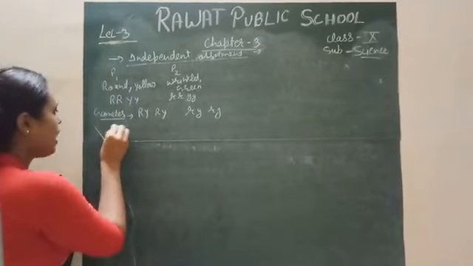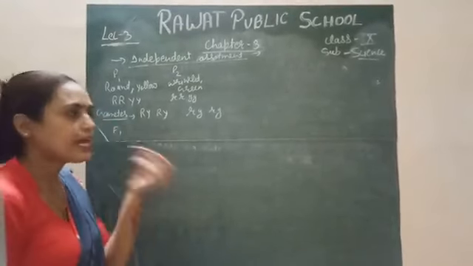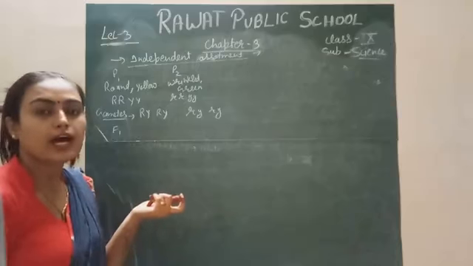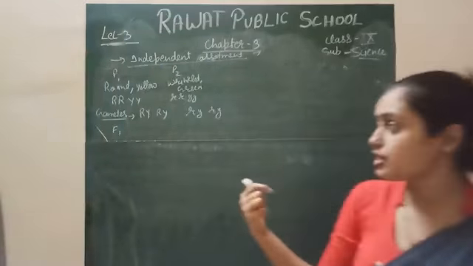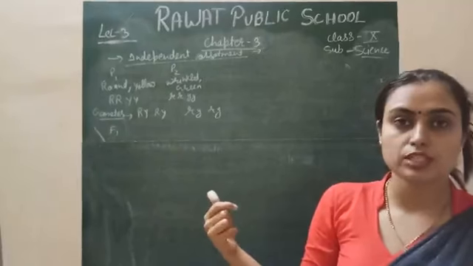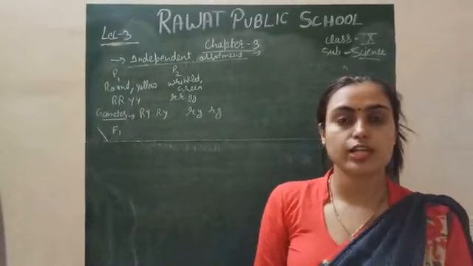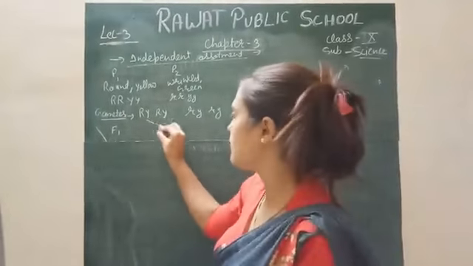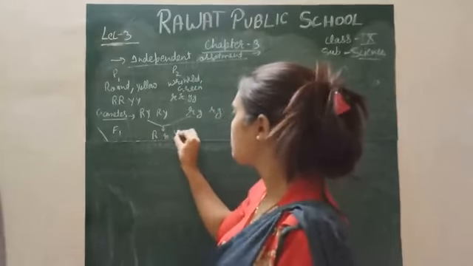If we apply this to the F1 generation, in the F1 generation there is always the application of the law of dominance. What is the meaning of the law of dominance? In the F1 generation a hybrid is always formed, like this, for example capital R, small r, capital Y, small y.